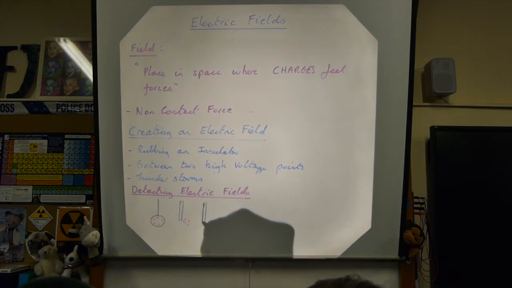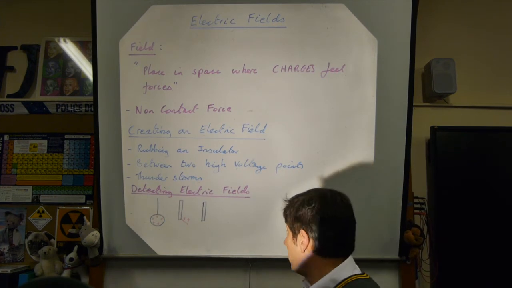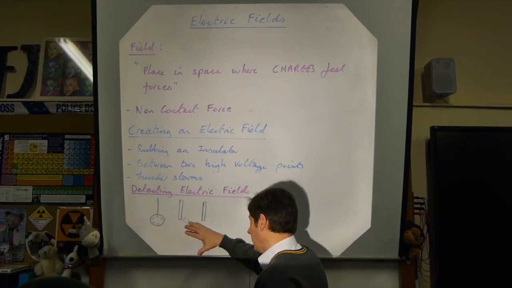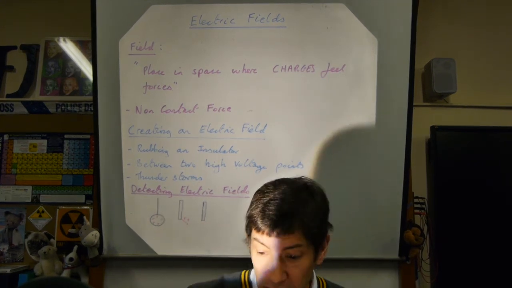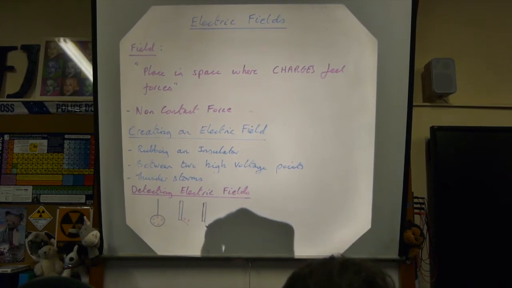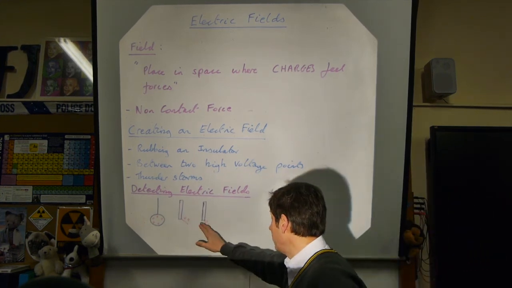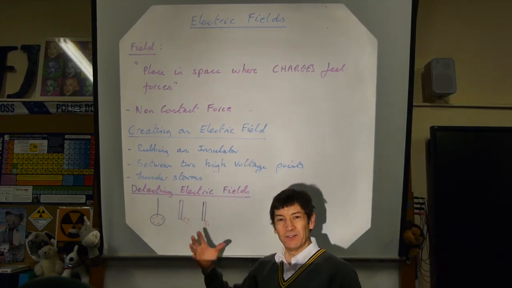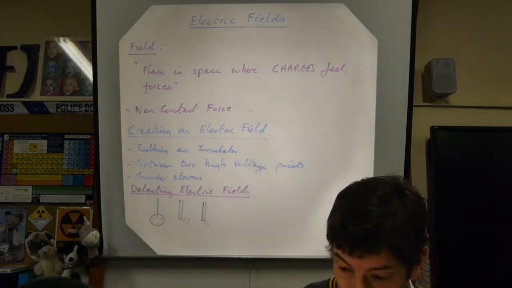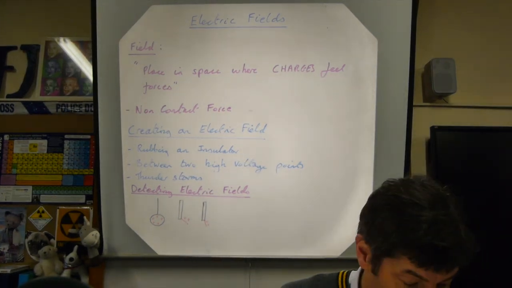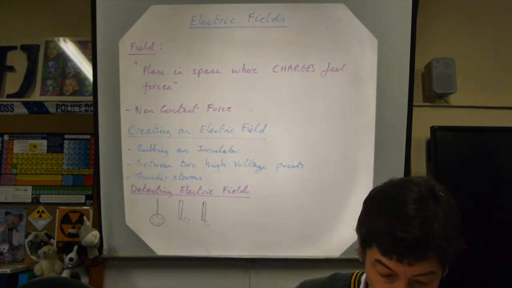Well, I'm sure you're all aware that if we move it further away, the field from here will get weaker and weaker. So the gold leaf will retain its positive charge, and that charge will be the same. But we've moved it further away so it doesn't feel such a strong force. Okay, it won't hang vertically because it still feels the effect of the field.